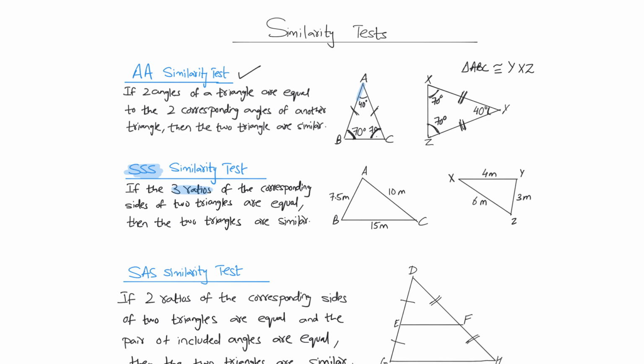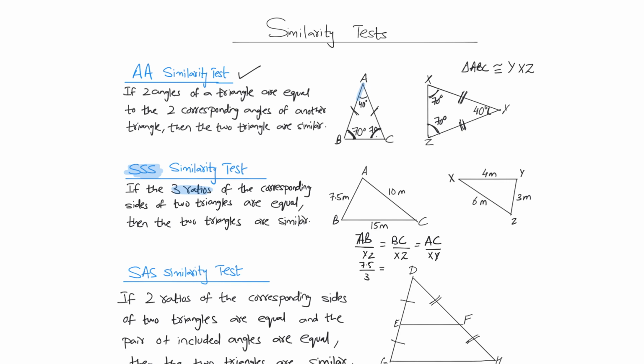So in this triangle, the ratio of AB over YZ must be equal to BC upon XZ, which must be equal to AC upon XY.